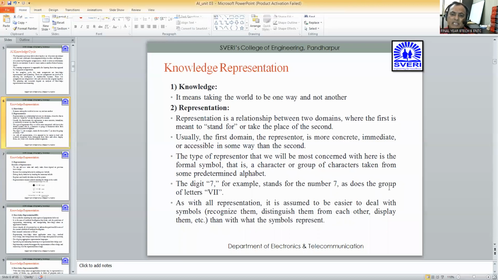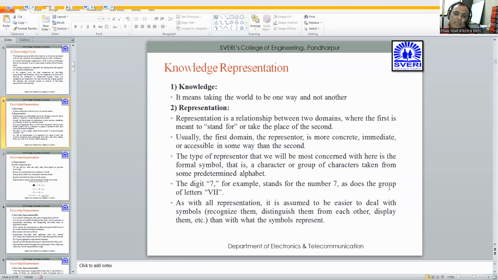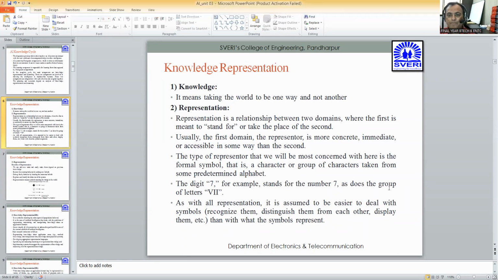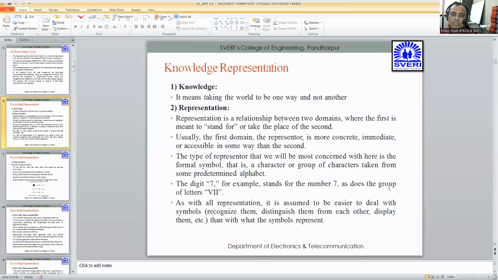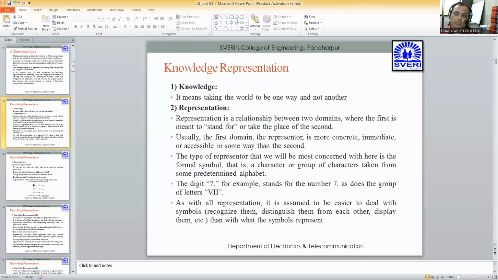Actually, representation is the relationship between the first and second. And the first one is very concrete, very solid, accessible as compared to the second. Like the one way I mention, as compared to the not another. So the relationship between first and second is representation.